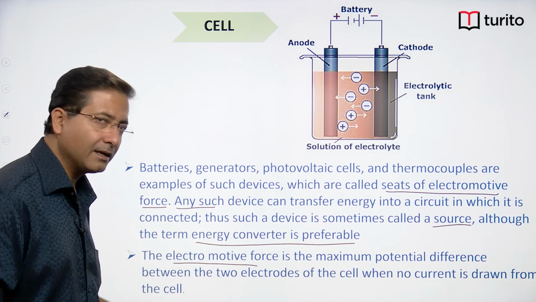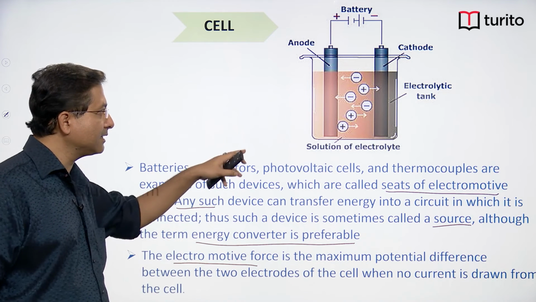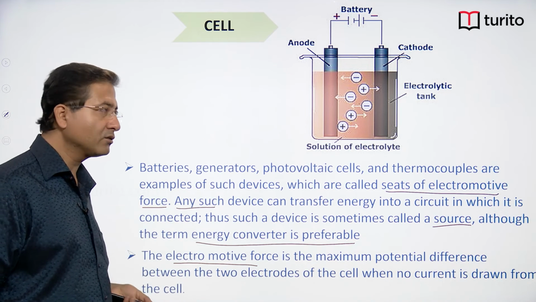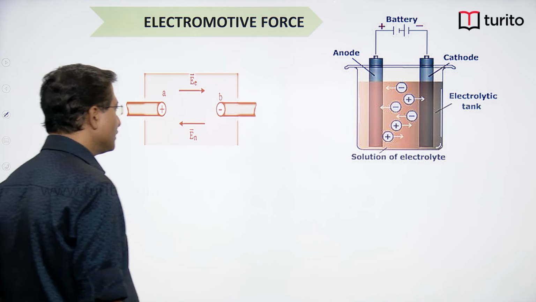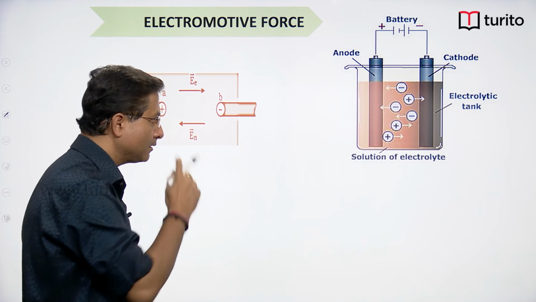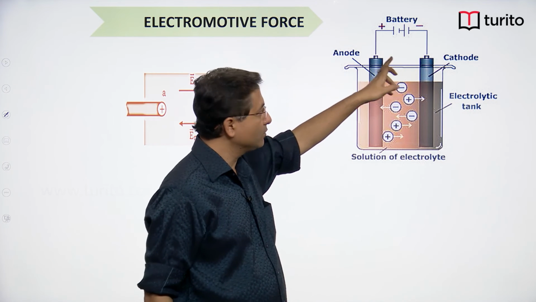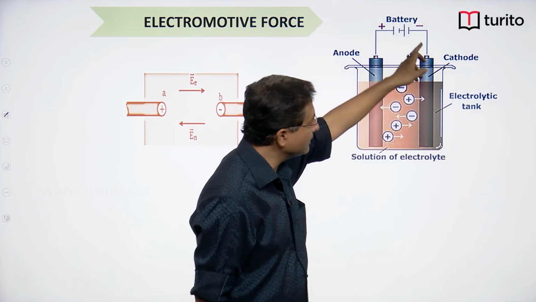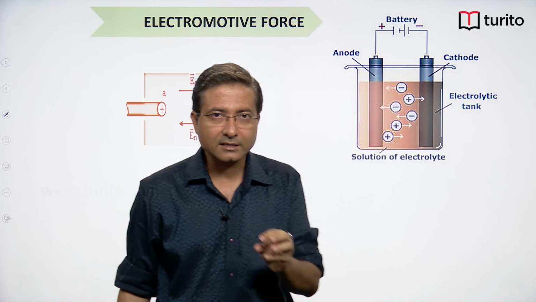So any cell is converting one energy into another; in this case chemical energy is getting converted into electrical energy. Now let us see what is happening inside. Outside, we already know that when I connect a resistor over here, there is movement of electrons, but inside the electrolyte there is movement of ions.